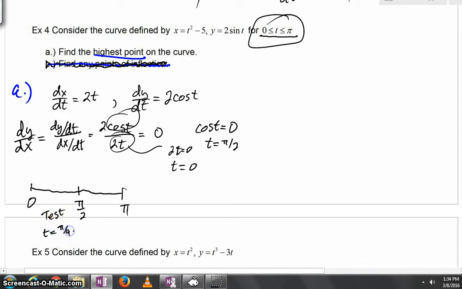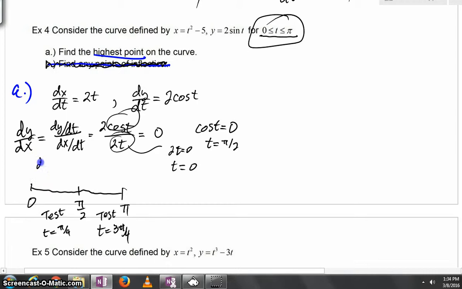By the way, you're free to choose whatever t value you would like. And then between pi over 2 and pi, totally up to you what you'd like to test. 3 pi over 4 would be great. And I just saw pi over 4 as the middle value between 0 and pi over 2. You're free to choose anything there. If you would rather have done pi over 6, it's totally up to you.